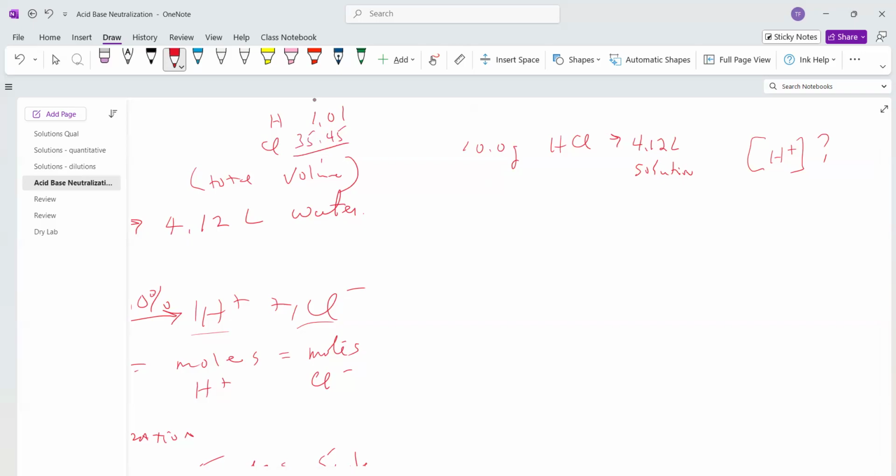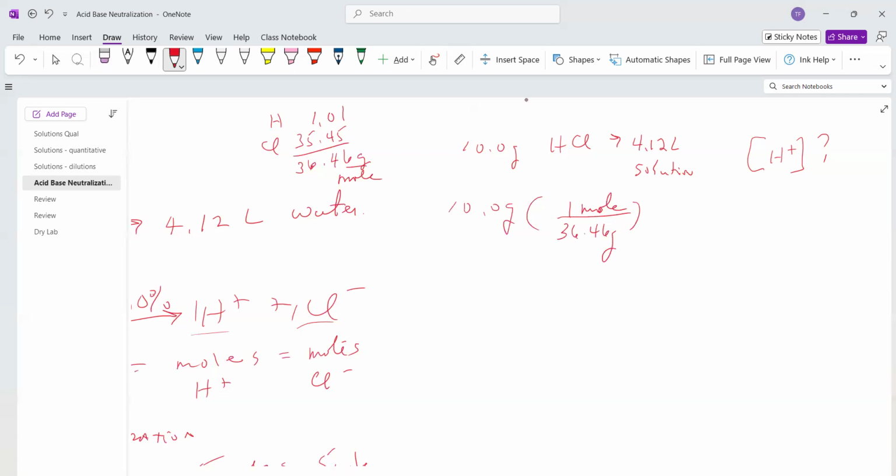So we're looking at 36.46. Okay, so we're going to take the 10 grams to moles.